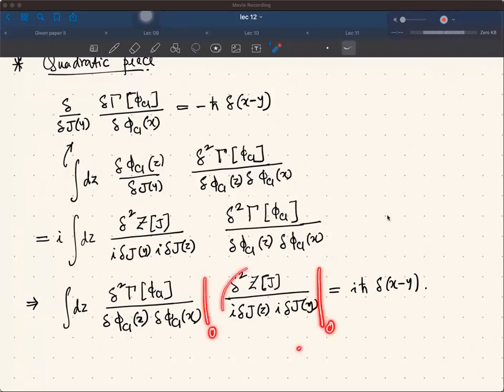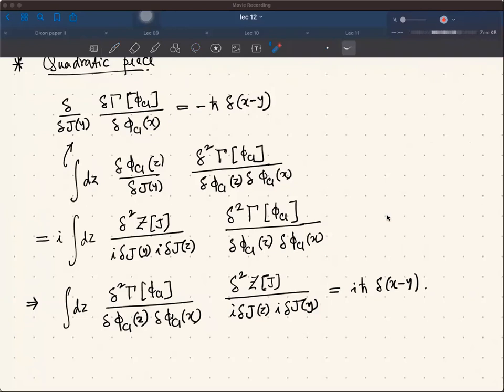When I calculate this at J equal to 0, this is the two-point Green's function. And when I calculate this at J equal to 0, which corresponds to phi CL equal to 0, that gives you the coefficient of the Taylor series expansion of gamma around phi CL equal to 0. That's the second order term, the coefficient of phi CL squared in the Taylor expansion.